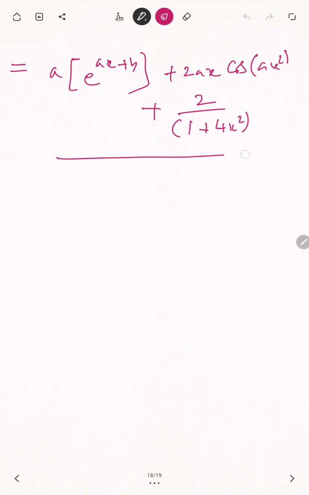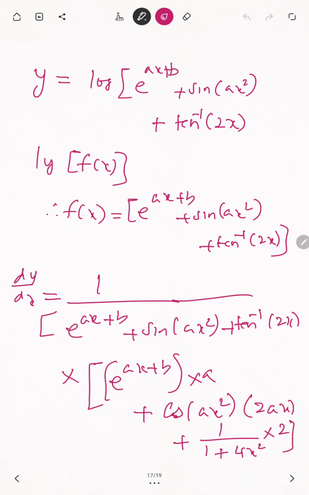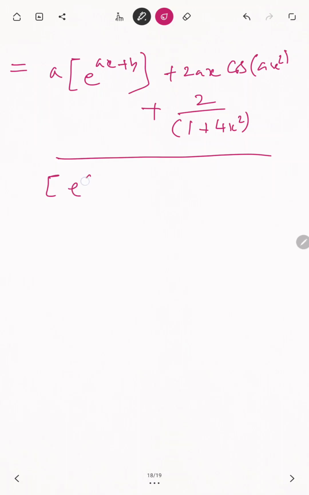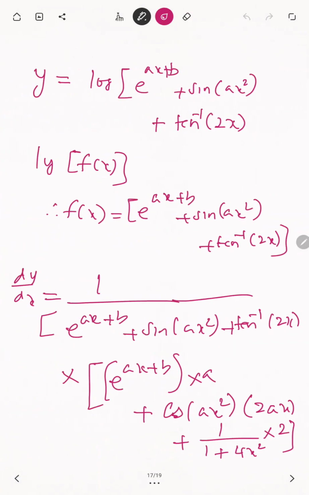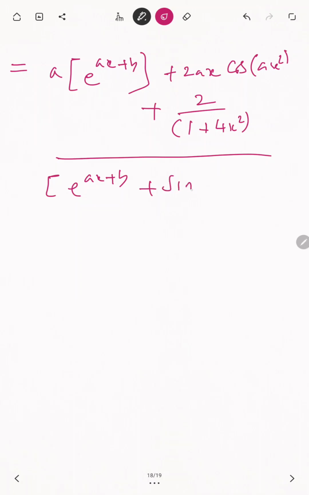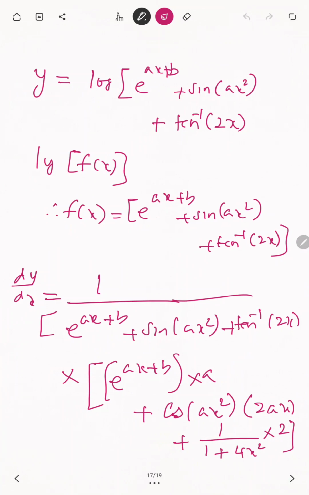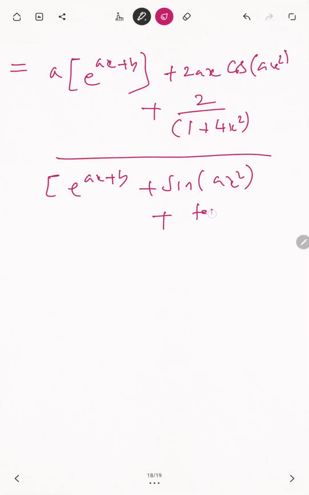By what? Which one? Function e power ax plus b, then sin of ax square, then tan inverse 2x. Okay, in a into e power ax plus b and 2ax, what is common?